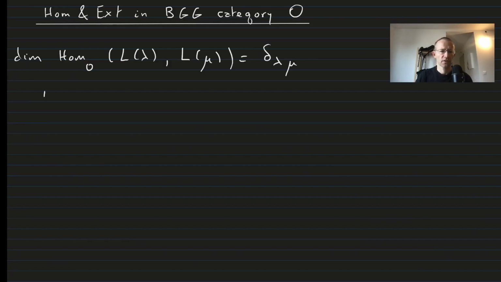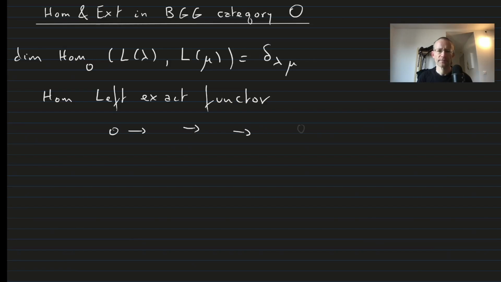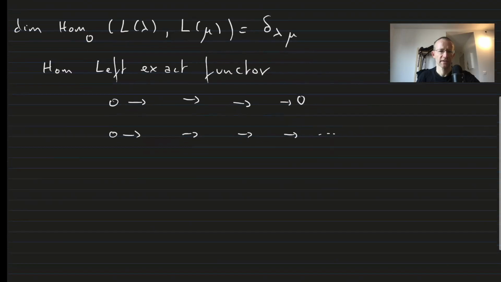Next, we observe that Hom is actually a left exact functor, meaning it maps short exact sequences into long exact sequences, which are zeros starting from the left. This is what it means to be left exact.